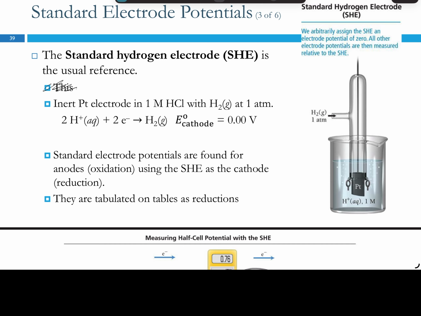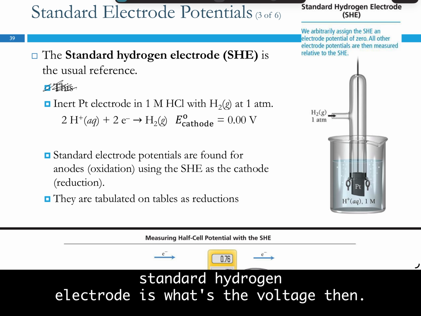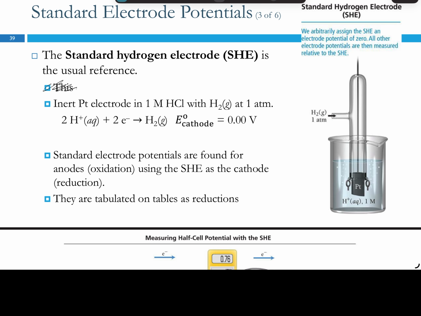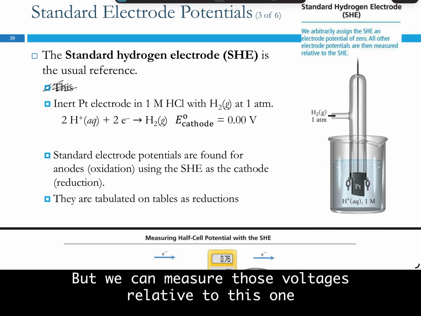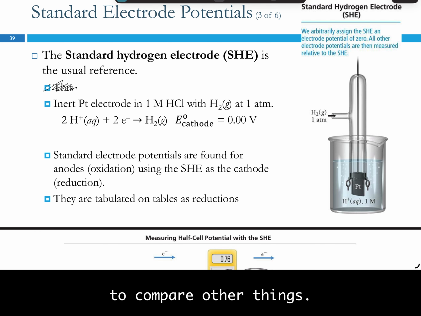We're just saying when you connect a half cell to this hydrogen cell, the standard hydrogen electrode, what's the voltage then? Positive, negative, but we can measure those voltages relative to this one, and then use those voltages to compare other things.